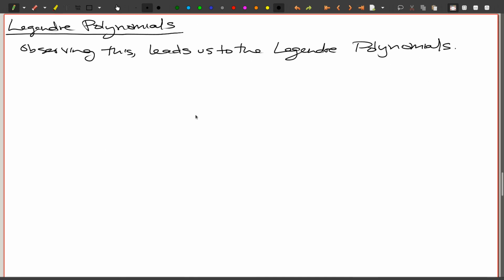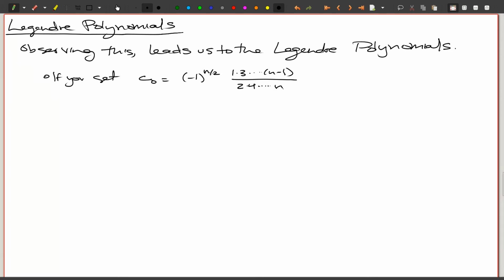And the rule for that is going to be given by two parts. If you set c sub 0 equal to minus 1 to the n over 2, and then 1 times 3 down towards n minus 1 over 2 times 4 down through n, for n equal to 4, 6, and so on, and c0 equals 1 for n equals 0, a special case.